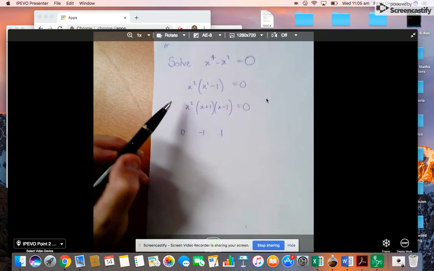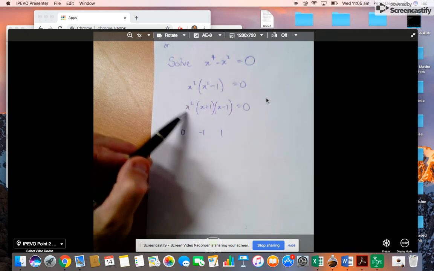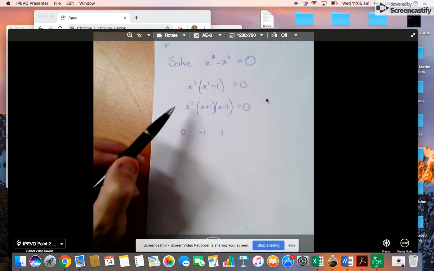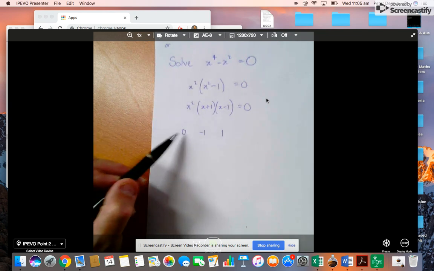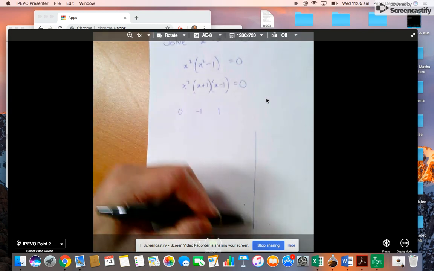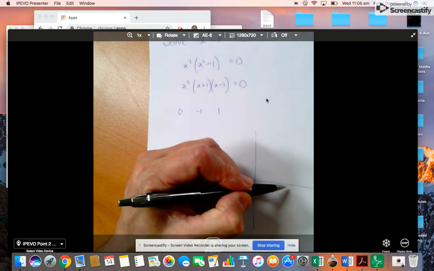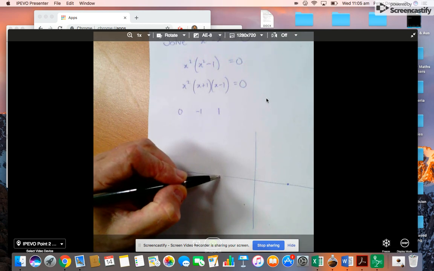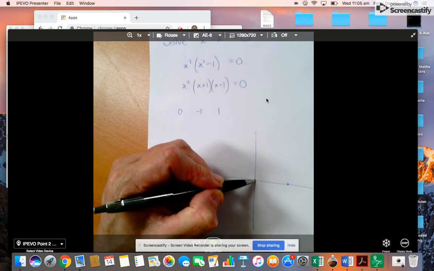But what we are saying is that this is a double root, or it has a multiplicity of 2. 2 roots are happening at x equals 0. So if we were to graph it, we know it crosses at 1, we know it crosses at minus 1, and it has a double root here.